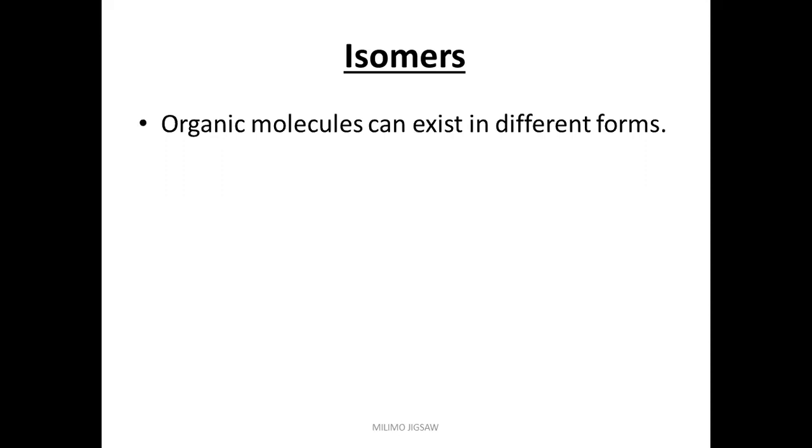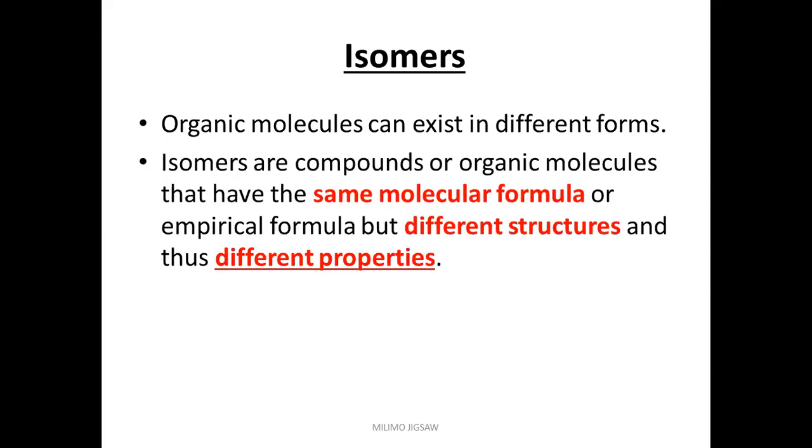Isomers are simply compounds or organic molecules that have the same molecular or empirical formula, but have different structures. And hence, even though they have the same molecular formula, they exhibit different properties.